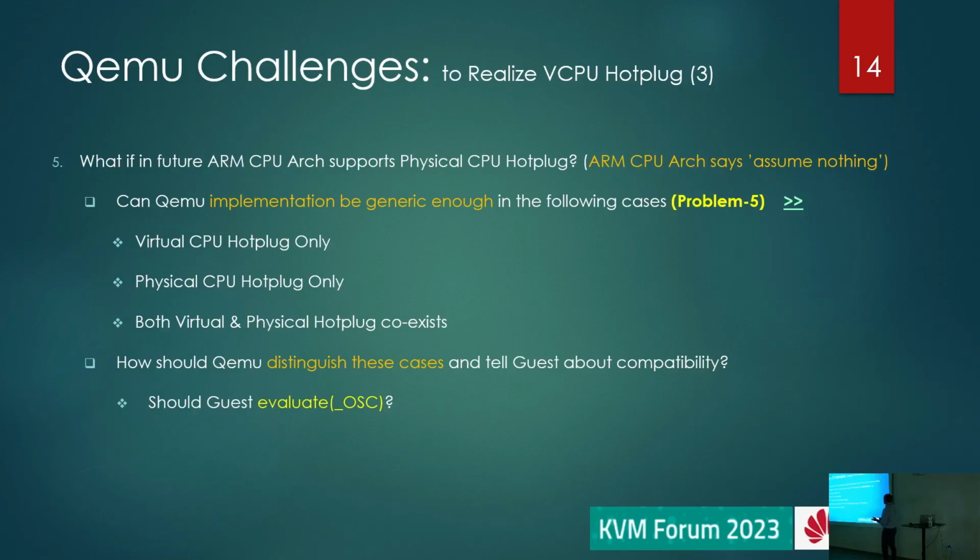We should be able to distinguish these three cases, and each of them should be able to exist individually. So what we are doing is making use of the OSC call from the guest kernel, which ends up in the VMM, that is QEMU. We evaluate that, and eventually we give the right answer about what exactly the compatibility is. That leads to either denying those actions happening in user space or just letting them happen.